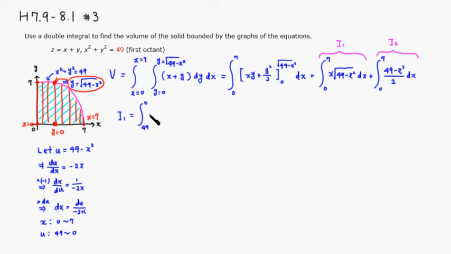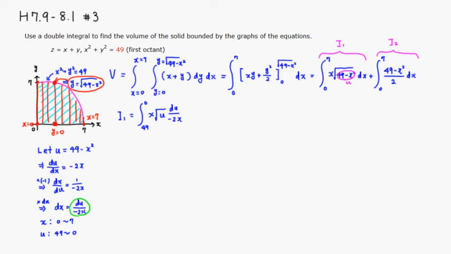Then you have x is still there, right? Then the square root of, we decided to call this guy u. That's our substitution. So it's the square root of u, right? And the dx is right here. dx is the same thing as du over negative 2x.